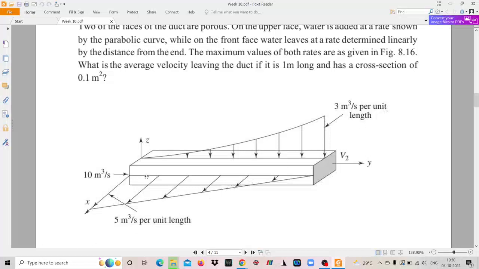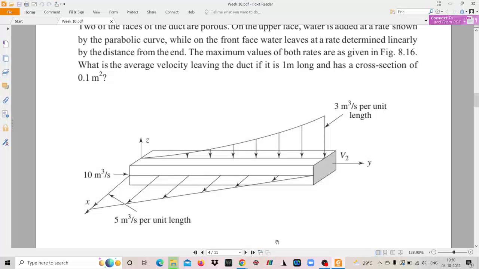Similarly, the distribution following which the water leaves the front surface is linear. Here it is 5 meter cube per second per unit length, that is the maximum value, and here it is 0. Now you need to find what is the value of V2.